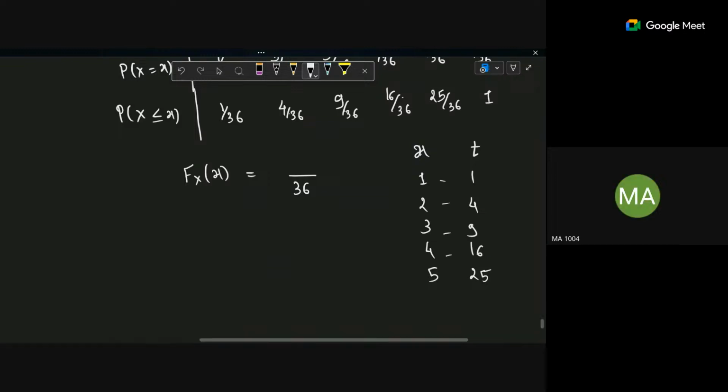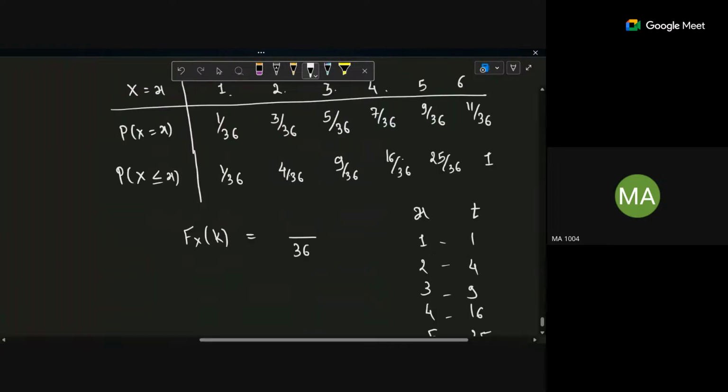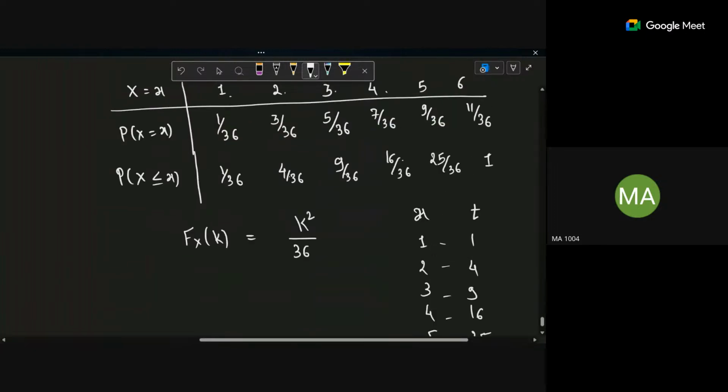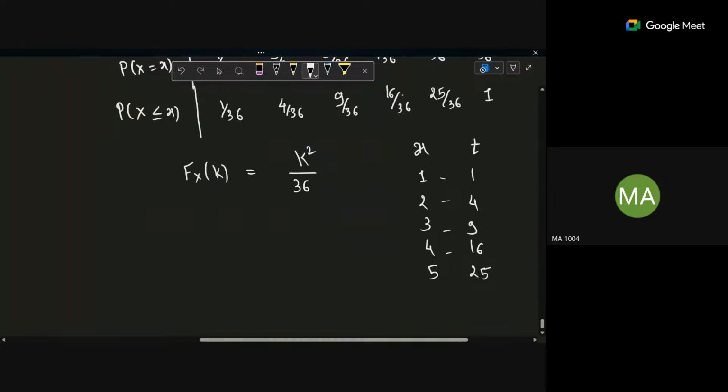So whenever you are writing fx of x, let me make it k, so that there is no confusion. So whenever your fx of k, it's nothing but k square, right? If you are taking 1, it's 1 square, 2 it's 2 square, 4. So this is how k square by 36 should be your option. Yes, ma'am, got it.